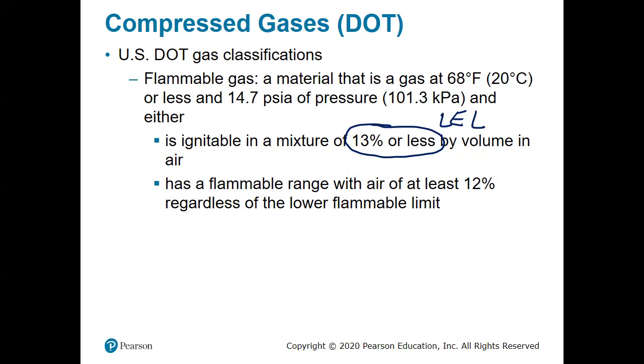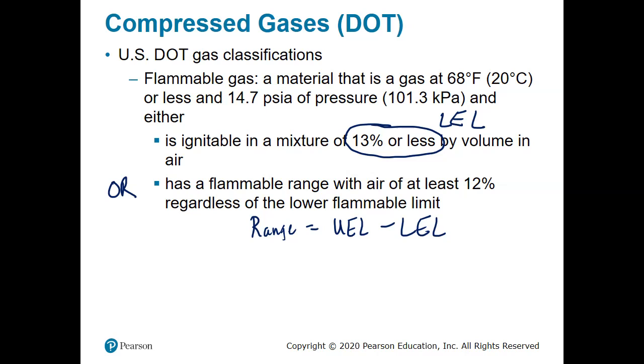If this gas ignites at a concentration of 13% or less, it is considered flammable. Or it has a flammability range of at least 12%. And remember, we can get the range by calculating the upper limit minus the lower limit.